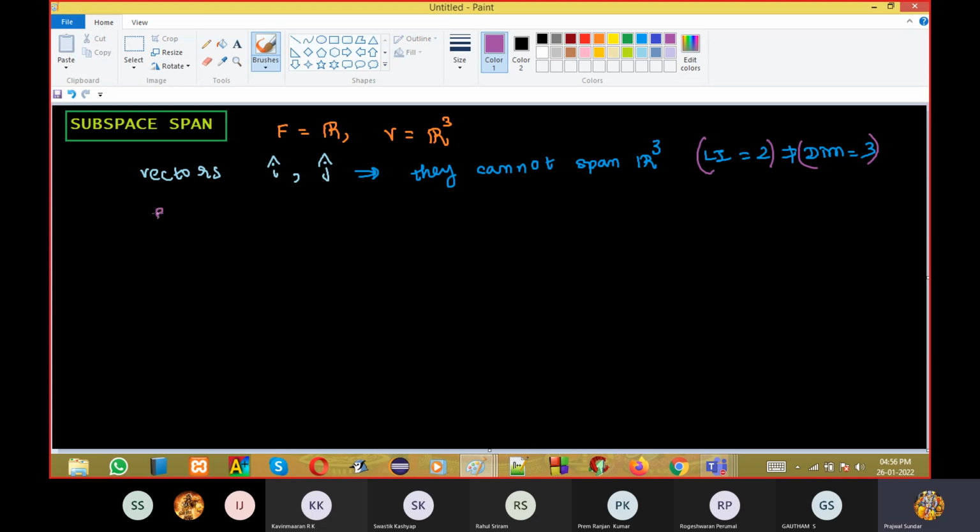But it can handle any vector in the 2D plane.